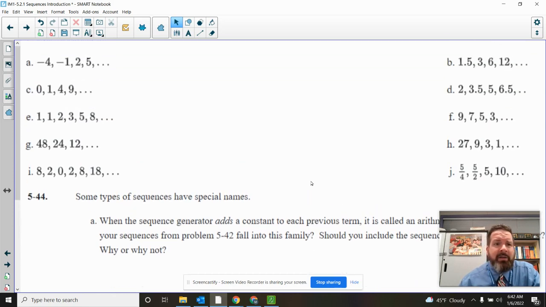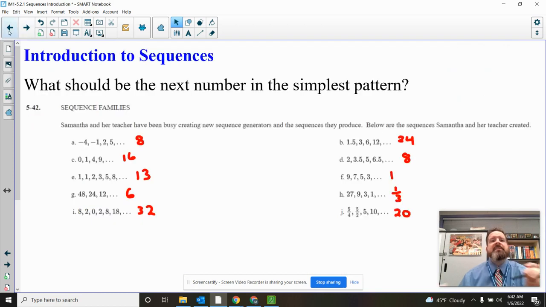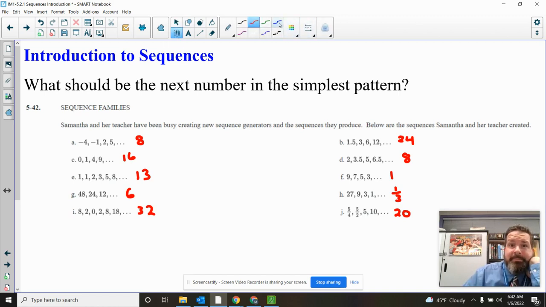Taking a look at this same list, I'm actually going to go back to the previous page. I want to know in which of these the simplest pattern that we found is simply that we add the same number every time. Let's take a look at the first. From -4 to -1, if you're adding a number, that's going to be a +3. To go from -1 to 2, that would also be +3.